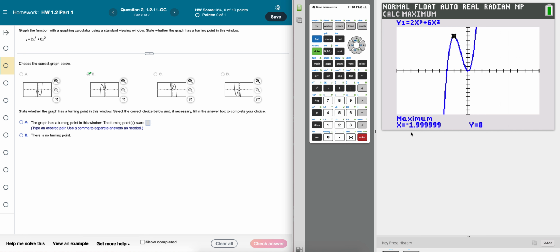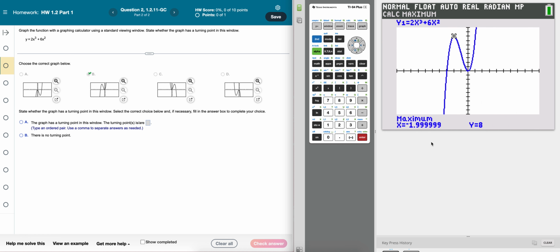Sometimes, because the calculator uses different algorithms, it'll give you an answer like what we have here. Instead of a -2, it gives me -1.99999. If you have a case like this where you get a -1.999 or even a -2.000001, go ahead and round it to the nearest integer. So in this case, that turning point is -2, 8.